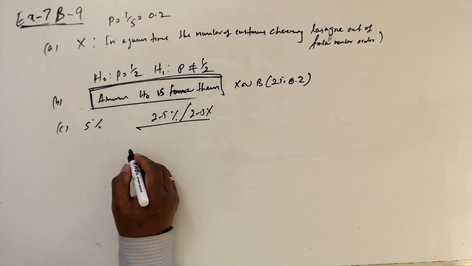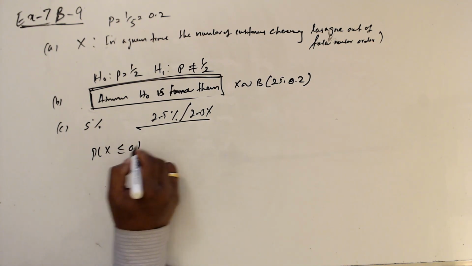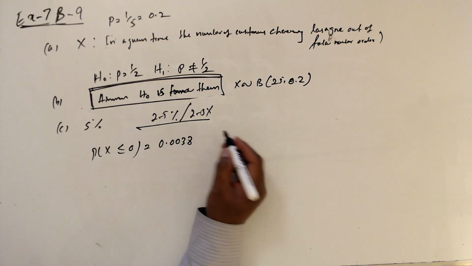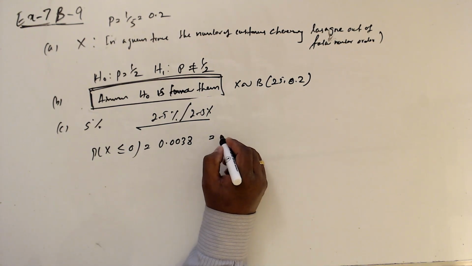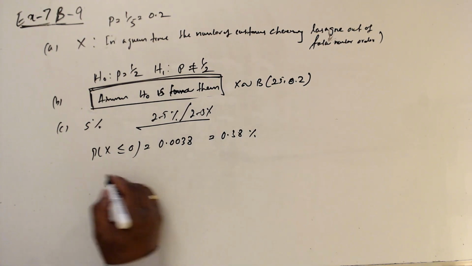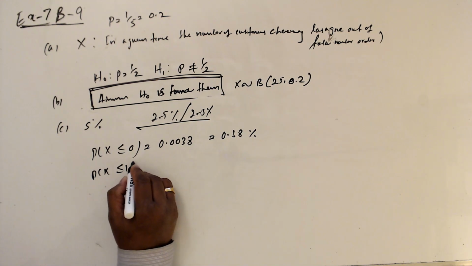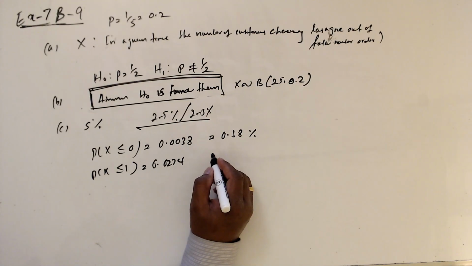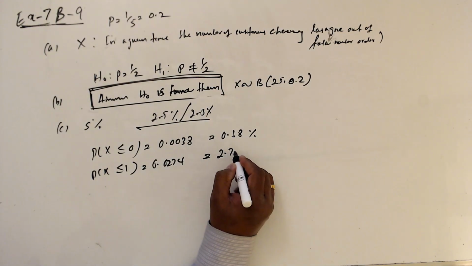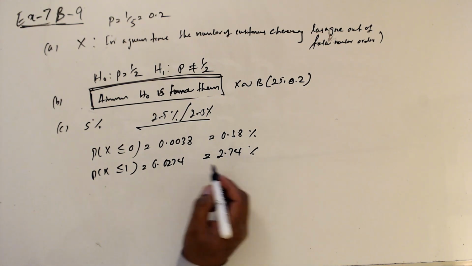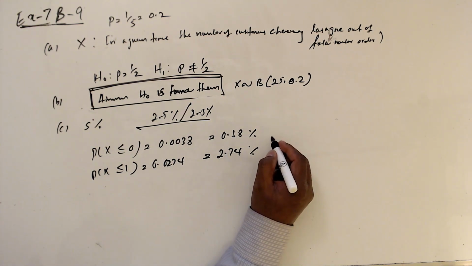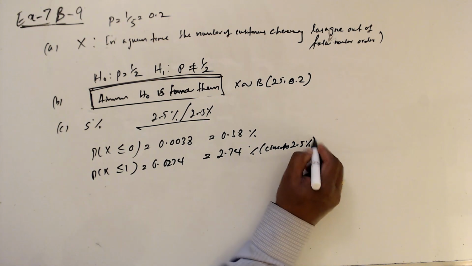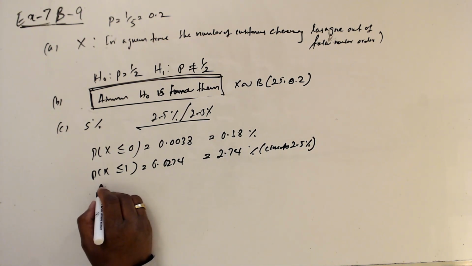So the probability of X less than or equal to 0, when you look at the table, is 0.38%, and the probability of X less than or equal to 1 is going to be 0.0274, which is 2.74%.